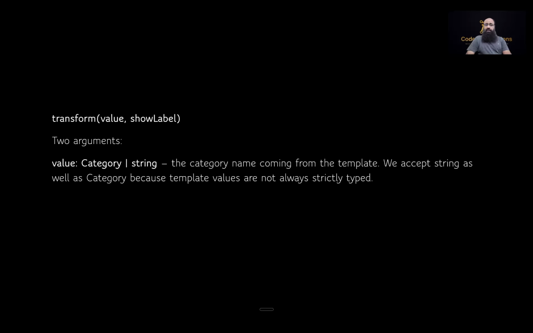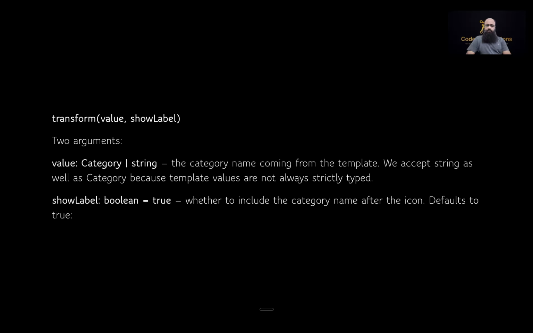Transform takes value and showLabel, so two arguments. One is value, which we accept as a category or a string. The category name comes from the template, so we accept a string as well as a category, because template values are not always strictly typed. And what does showLabel mean? If we set it to true, it's going to show the category name, and it defaults to true.